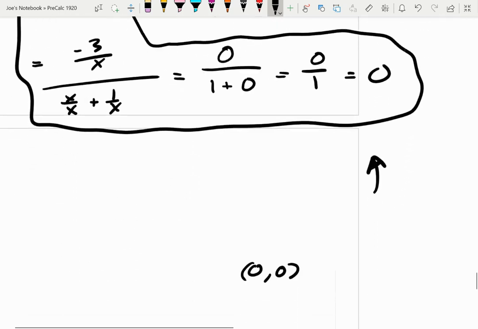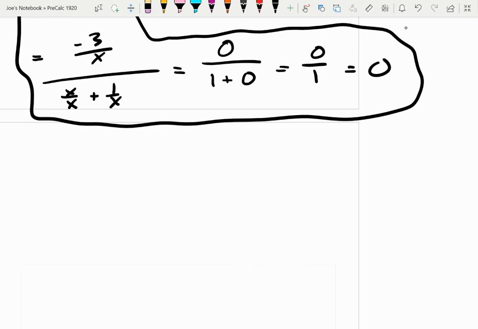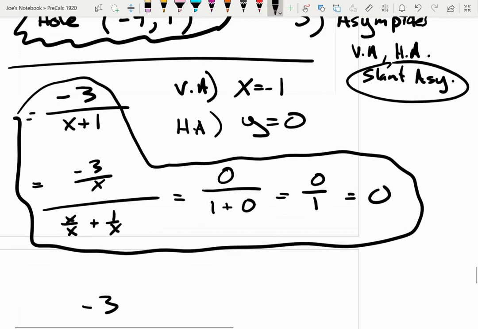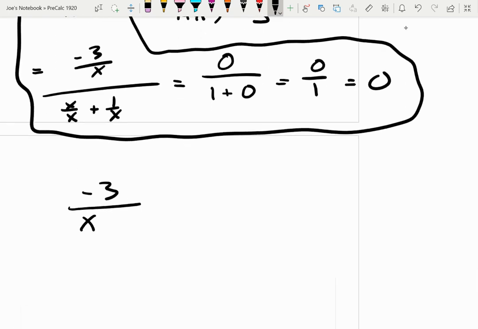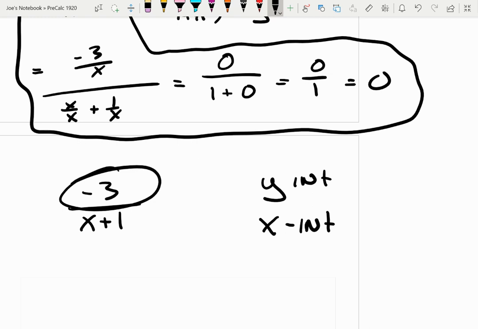Now something else to think about is -3 over x plus 1. I like to always go in and find my y-intercept because it's always going to be a nice guiding point. First of all, this won't have any x-intercepts because the numerator will never be 0.